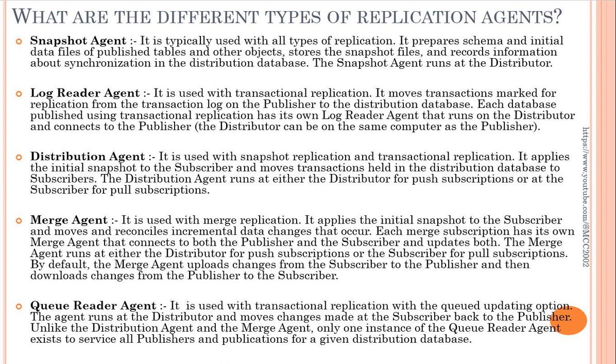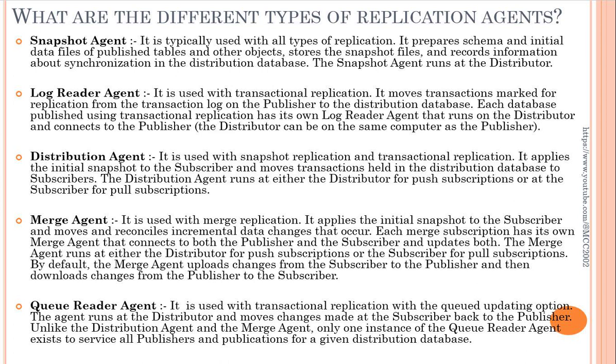It prepares a schema and initial data file of published tables and other objects stored in a snapshot file, and records information about synchronization in the distribution database. The snapshot agent runs on the distributor. Okay, so if you know how to configure that, there's a distributor database or distributor server, you can configure that.